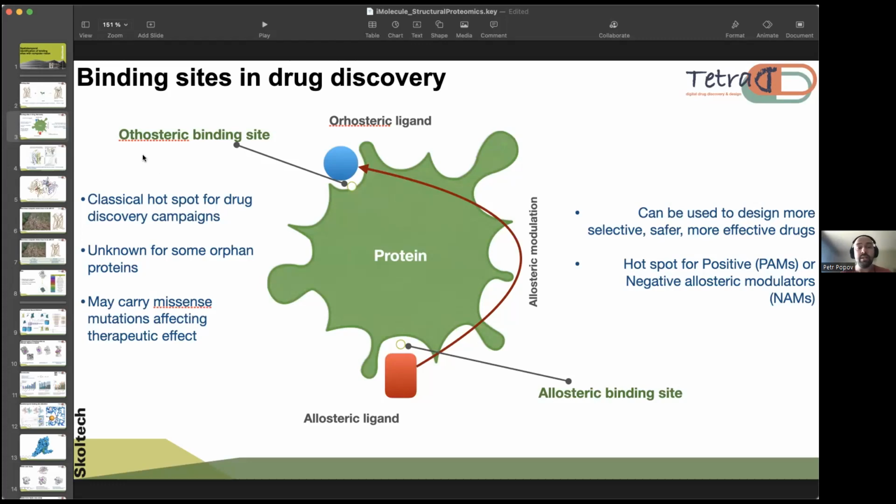Orthosteric binding sites are typically the classical hotspots for drug discovery campaigns, for molecular docking and screening. We still do not know all orthosteric binding sites in our proteome, for example, for some orphan proteins. Another important thing is that orthosteric binding sites may carry missense mutations that affect the therapeutic effect.